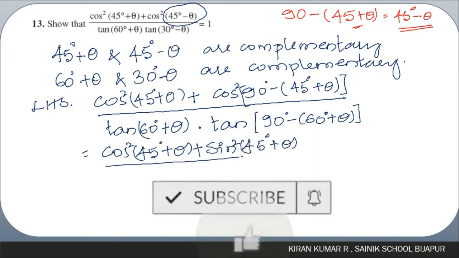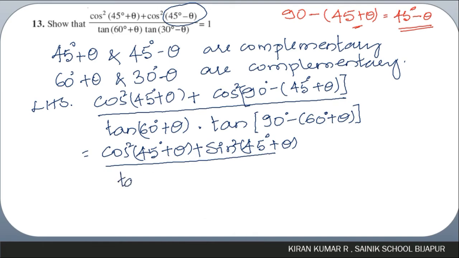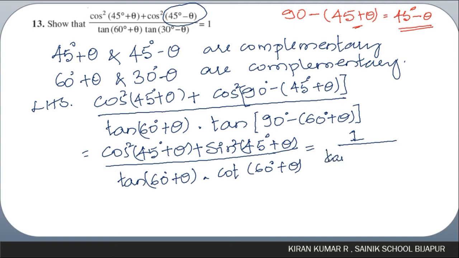Same way, here we have tan 60 degree plus theta multiplied by cot of 60 degree plus theta. Now you can make use of the identity sine square alpha plus cos square alpha is 1, where I have considered alpha as 45 degree plus theta. Here for tan 60 degree plus theta, instead of writing cot, I'll take the reciprocal relation, so it becomes 1 by tan of 60 degree plus theta.